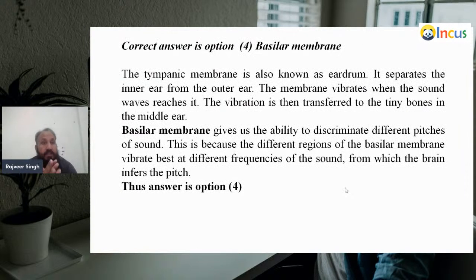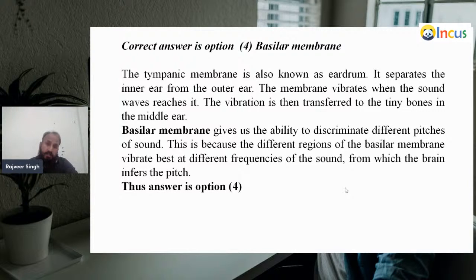Because the tympanic membrane is also known as the eardrum. It separates the middle ear from the outer ear, and the membrane vibrates when sound waves reach it, and the vibration is then transferred to the tiny bones in the middle ear.